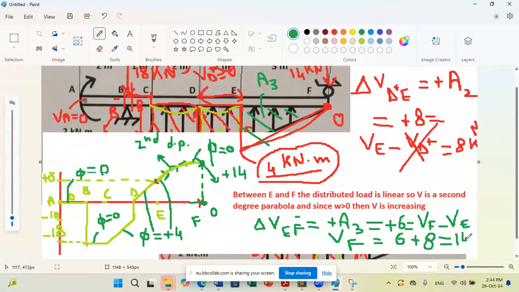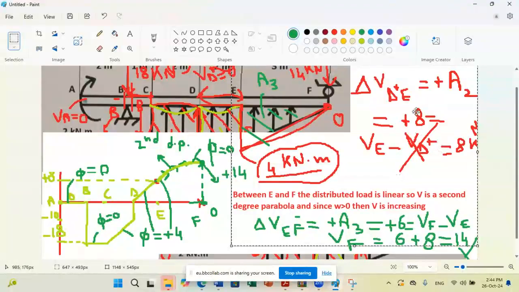So I verified that my work is right. Any question until here?